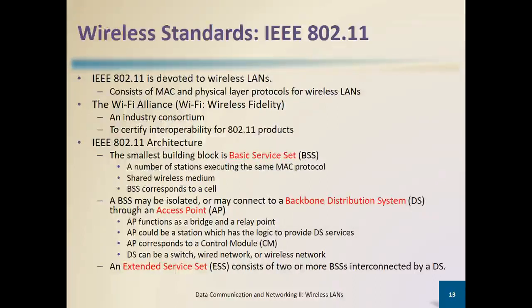When we're talking about wireless, everything revolves around the IEEE 802.11, not 802.3. 802.3 is for high-speed LANs, if you remember, which revolves around Ethernet, high-speed Ethernet. But pure 802.11 is purely wireless implementation.